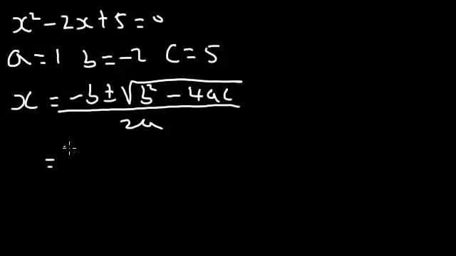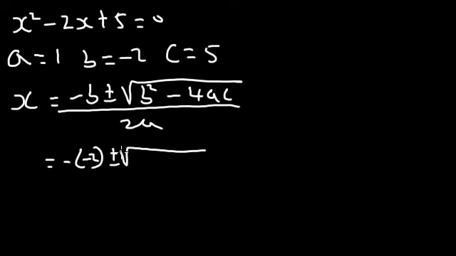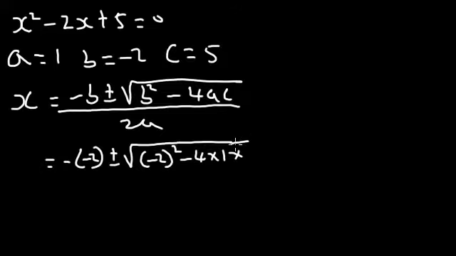Upon substitution, we have negative times -2 plus or minus the square root of -2 squared minus 4 times a, that's 1, times c, that's 5, all divided by 2a, that's 2 times 1.